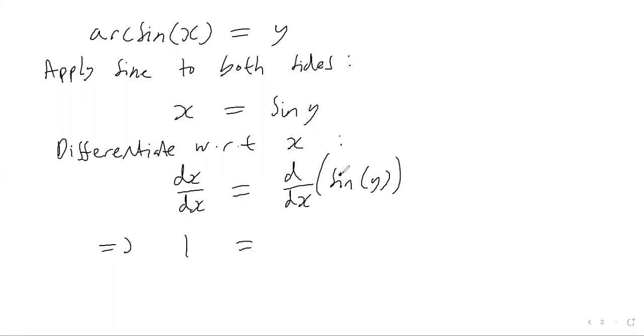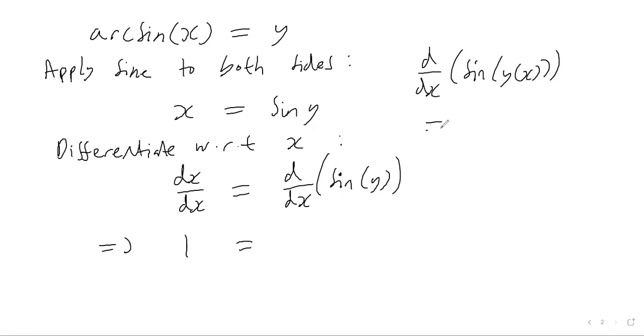Now on the right side, this is implicit differentiation, which is just another way of saying the chain rule. When we do the chain rule, we're differentiating a function of a function. We're going to call this y, and we're saying this y is a function of x, namely arcsine of x.